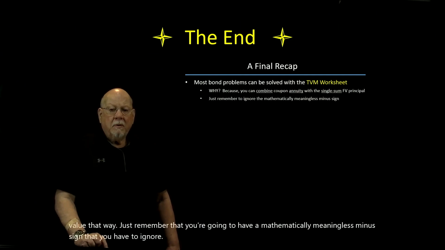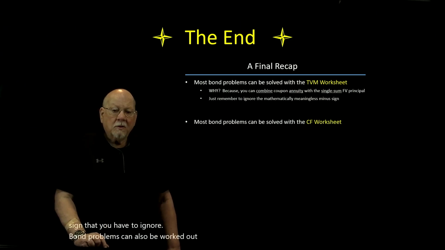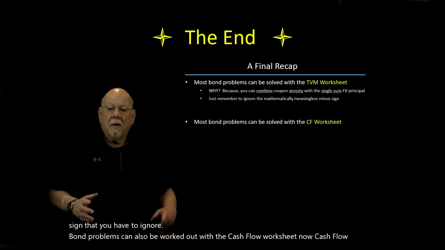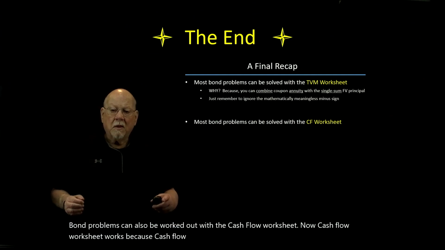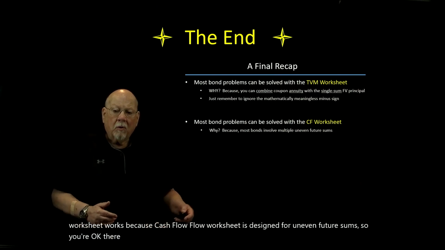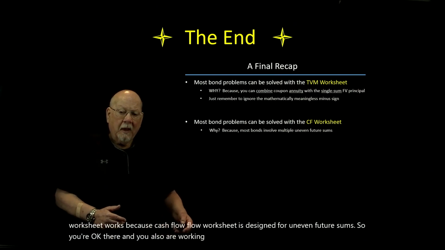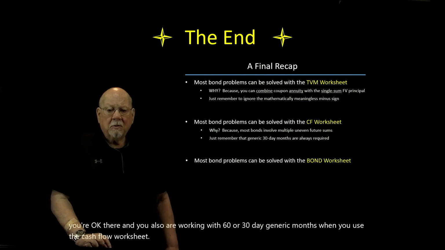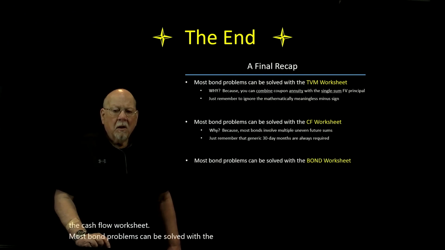Bond problems can also be worked out with the cash flow worksheet. The cash flow worksheet works because it is designed for uneven future sums. And you also are working with 30-day generic months when you use the cash flow worksheet.